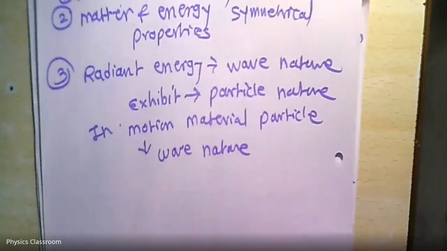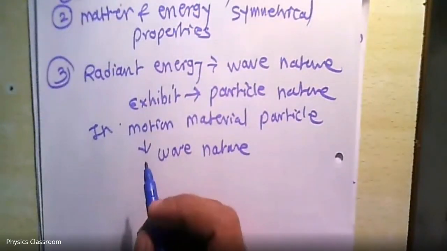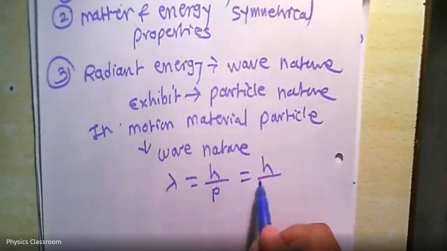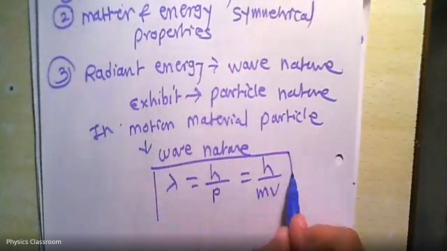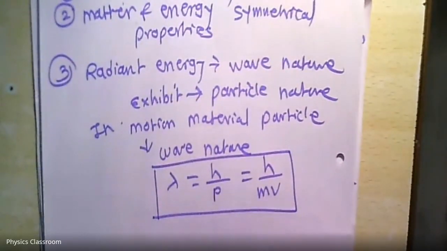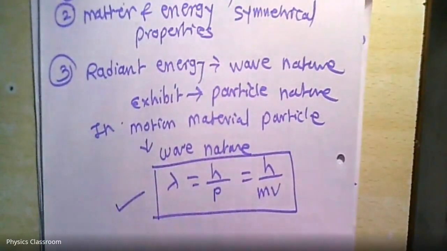His famous equation, lambda is equal to h upon p, that is lambda is equal to h upon mv, is very much useful to calculate the wavelength associated with particles. In the next lecture we will study problems also, and at that time this equation is very much useful.